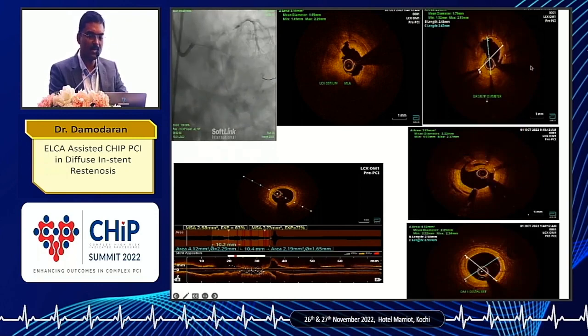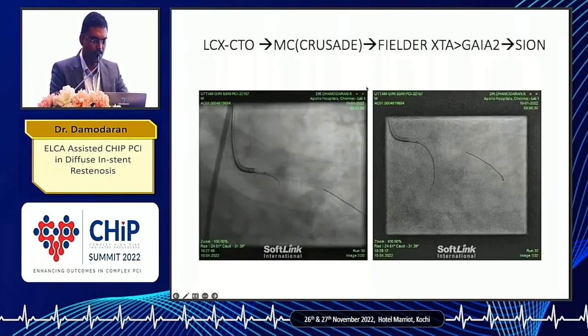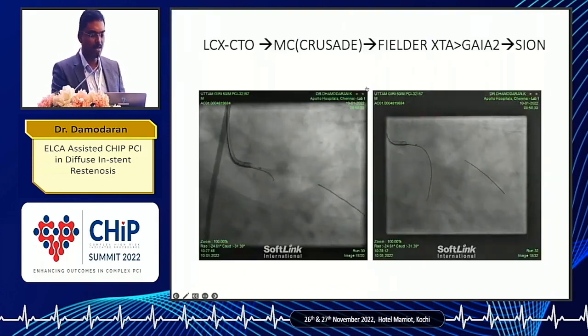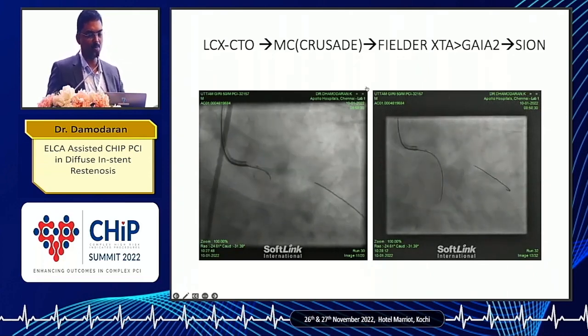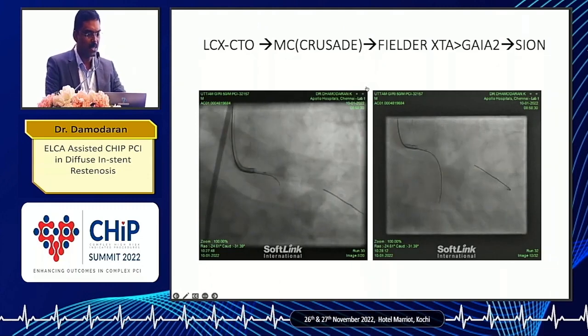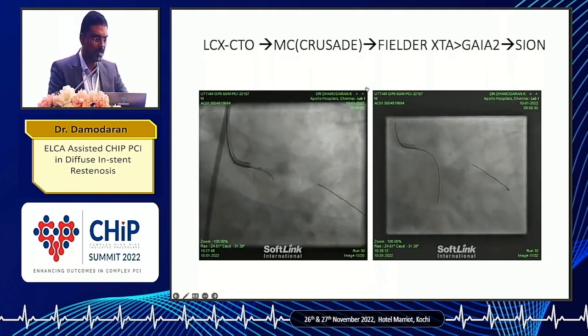You can see there is under-expansion here, and the ostium of the LCX has a lot of neoatherosclerosis. Then I was trying to wire the LCX. As the previous speakers talked about the dual lumen catheter, the Crusade was really helpful in pushing the wire into the LCX. Initially, I was trying with the Fielder XT, it was not working, then Gaia 2, finally changed to Cyan wire.